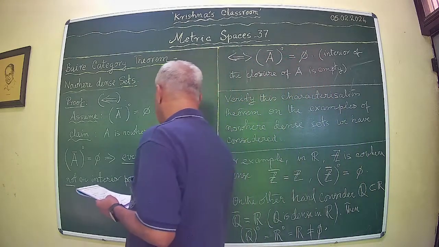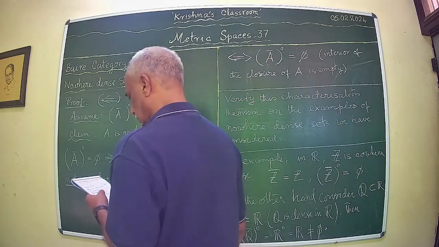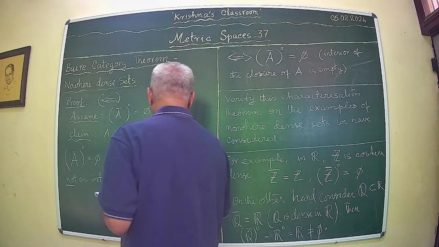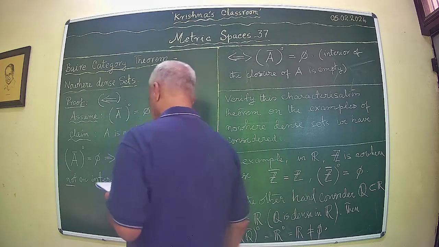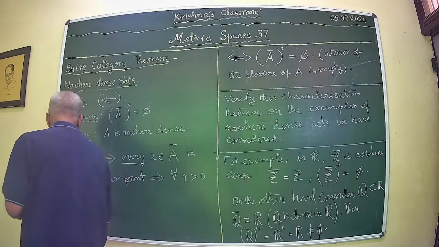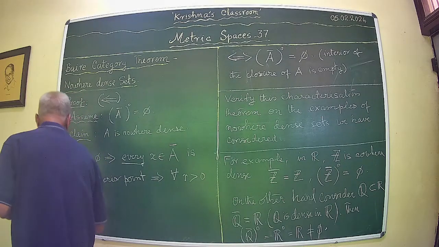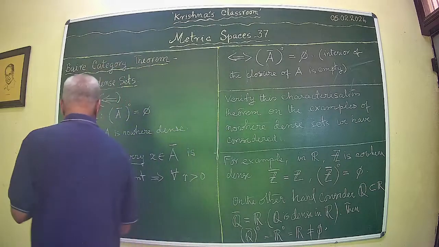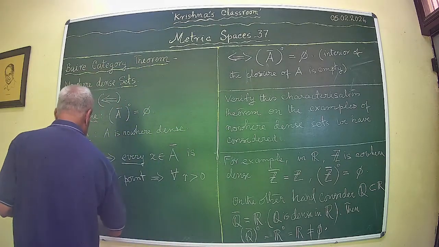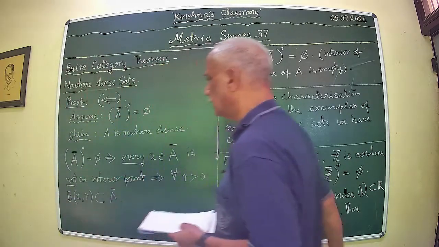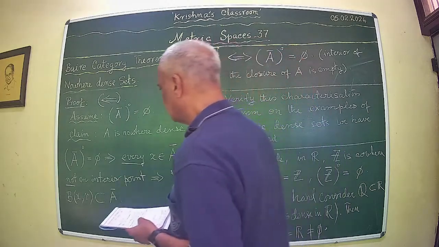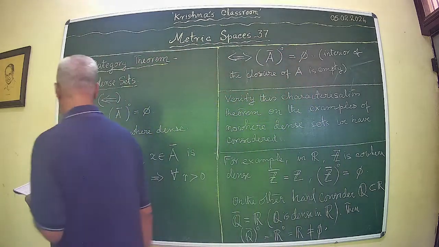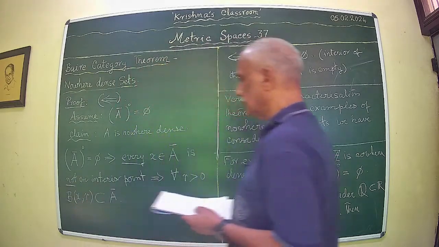Which implies for every r positive, the open ball B(x,r) with radius r, for any r, is not contained in the closure of A. That means there are some points in B which are not there in the closure.